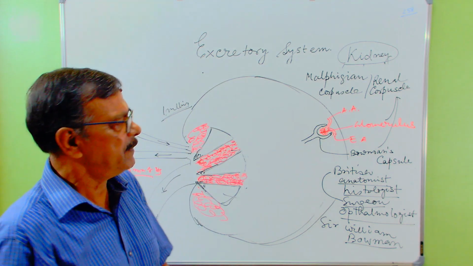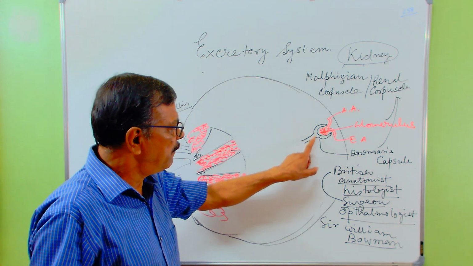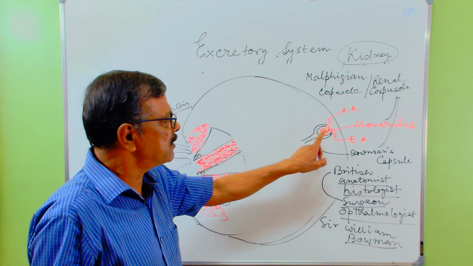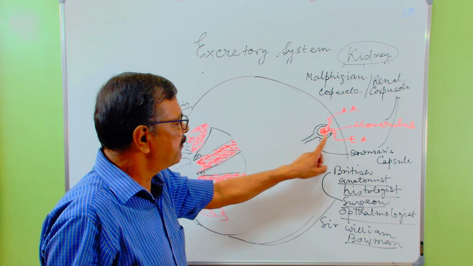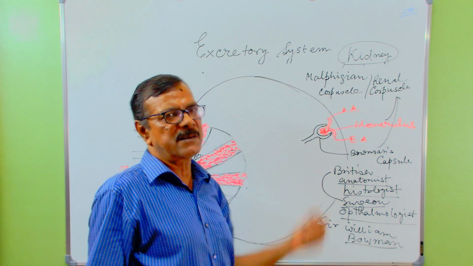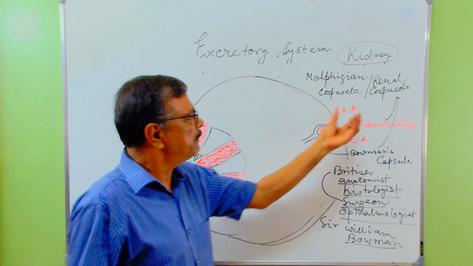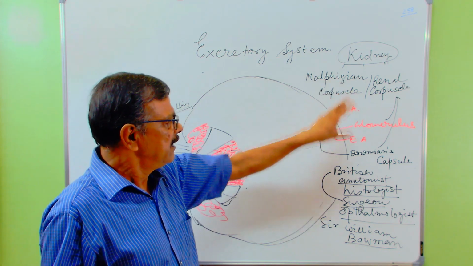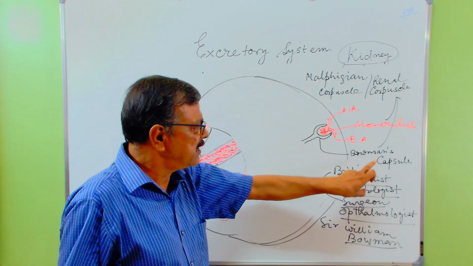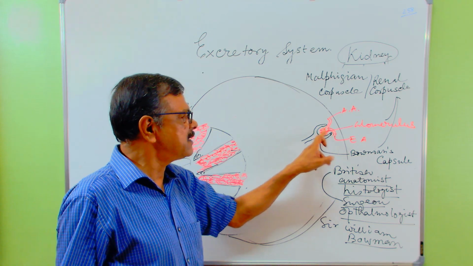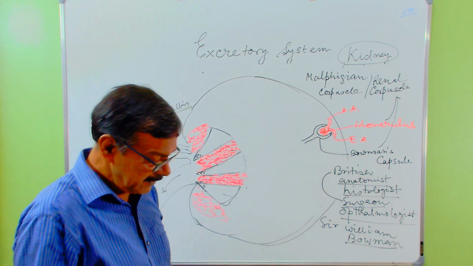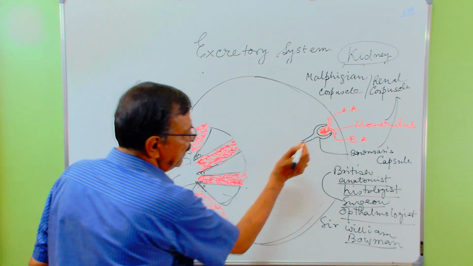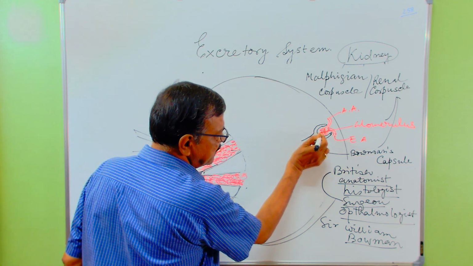So the nephron is made up of Bowman's capsule and glomerulus, or you can say the first part is known as the renal corpuscle. Then here the filtration starts.